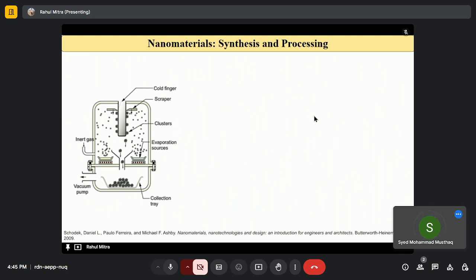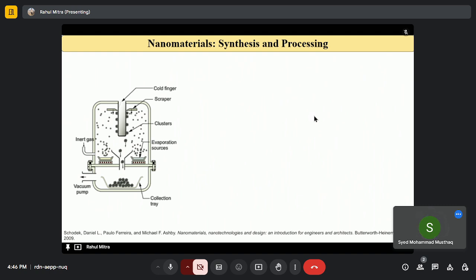I will progressively start from 0: how do we synthesize the 0-dimensional nanomaterial, then 1 dimension, then 2 dimension. Whenever I change the synthesis method, I will tell you before that this is used for production of this type of nanomaterial. Okay, so far so good.